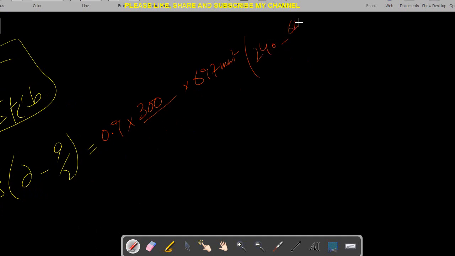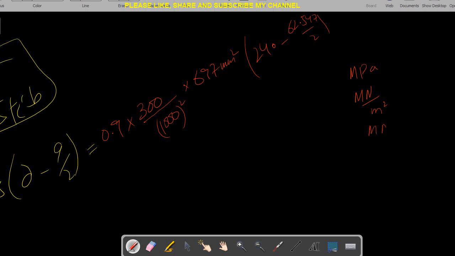The a value is 62.547 divided by 2. So this is also in millimeter, but this value is in square meter. So I need to convert this into millimeter square. So I will divide it by 1000 squared, because this is in MPa, which means mega Newton divided by meter square.